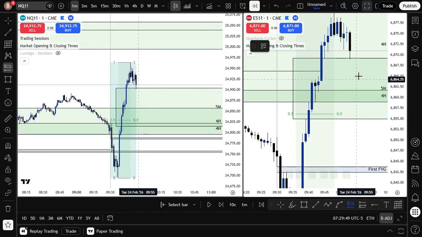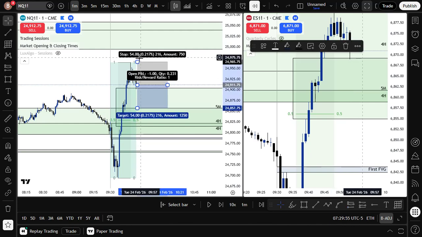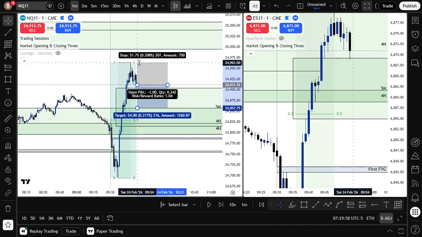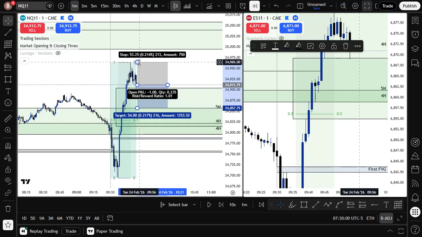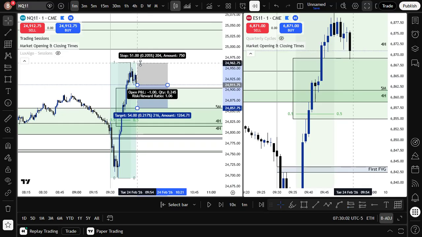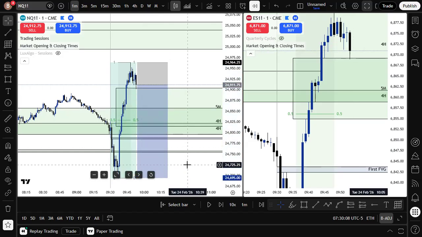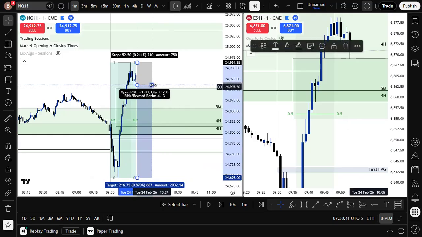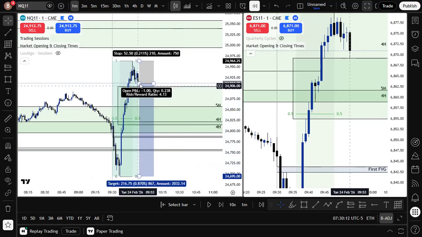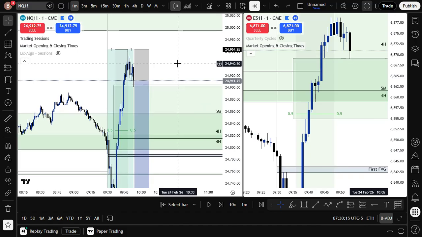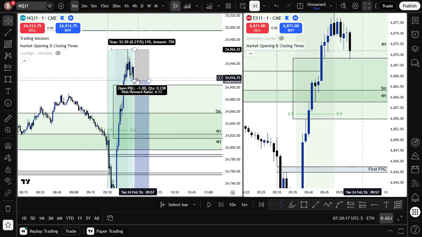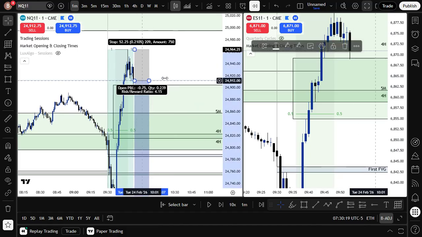Technically, what I could do is to enter at this point with a stop loss like here, and target the 50% or even the sunset, but in my opinion this is not reasonable because the 5 minutes time frame is already taken and I simply wait for the very first PD array to be taken out. So this trade is not that good.